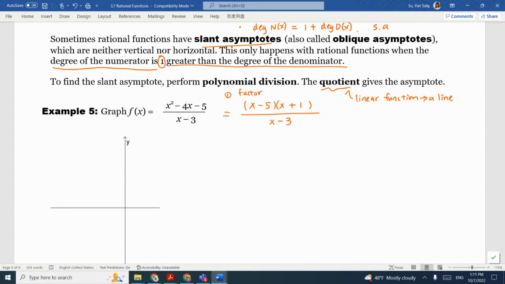Right, everybody? And how do we find the x-intercept? We set the numerator equal to 0. So numerator (x minus 5)(x plus 1), set it equal to 0. Therefore, x minus 5 is 0 or x plus 1 is 0. What's x?